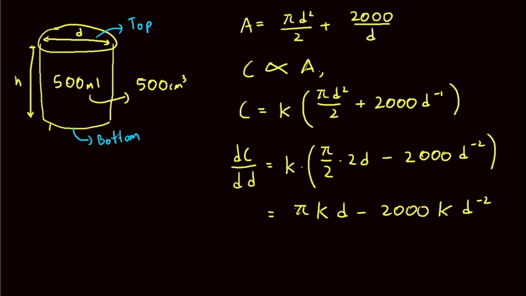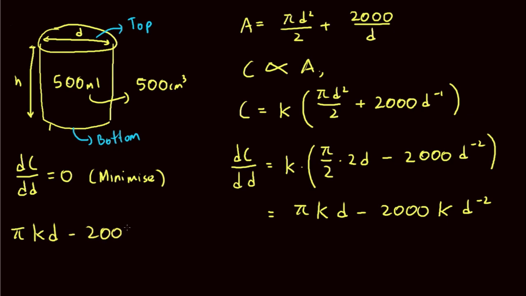If you want to minimize or maximize the cost, and in this case we want to minimize, the first order derivative must be equal to 0 in order to find the minimum value. So we have pi kd minus 2000 kd to the power of -2 equals 0.